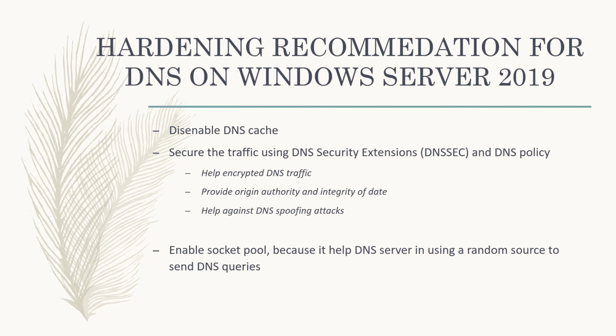Then another thing that needs to be enabled is the socket pool, because it helps the DNS server use a random source to send DNS queries. What it means is that when you're sending a DNS query, by making the source random and interchanging it, attackers are not able to guess exactly the type of source you're using to send the query.